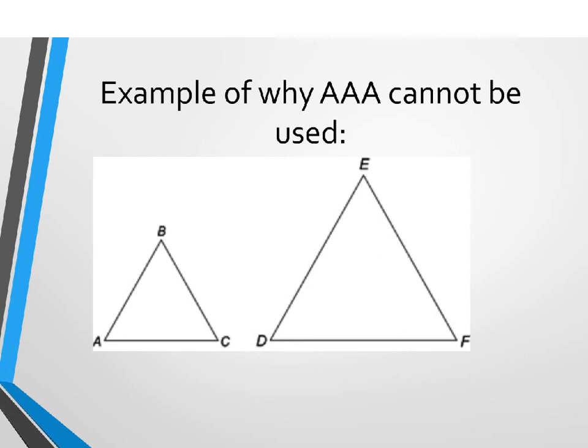So, for example, this right here, triangle ABC is just a scaled down version of the DEF, but all the angles in here are congruent to each other. So let's call it an equilateral or equiangular triangle here. All of these are congruent to each other, but the triangles are not congruent.